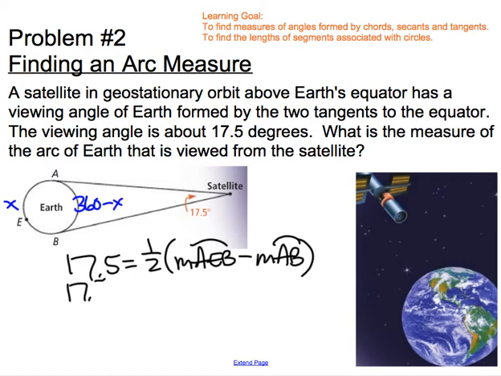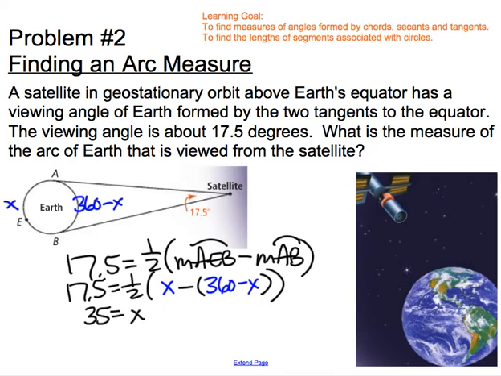So in this case, we end up with 17.5 equals half of, and then by substitution, the measure of AEB equals x, and I'm going to subtract from that the measure of AB, which we've now established as 360 minus x. If we multiply both sides of this equation by 2 to get rid of the 1/2, we find that 35 equals x minus 360, and then negative x is going to give us plus x.